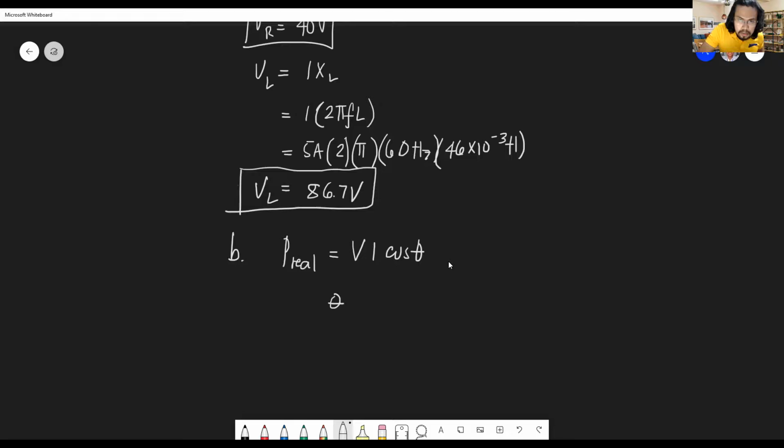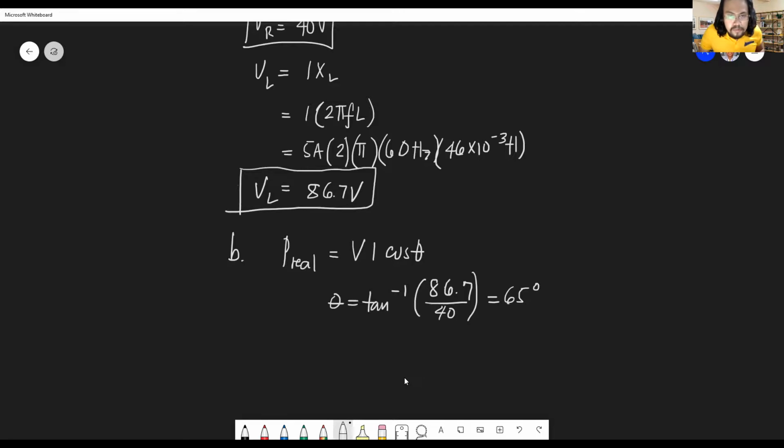Now theta is the inverse of the tangent of 86.7 over, apologies, this is actually 40, so we just have 86.7 divided by 40. This is 65 degrees.